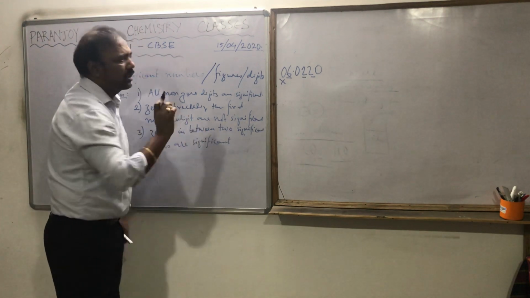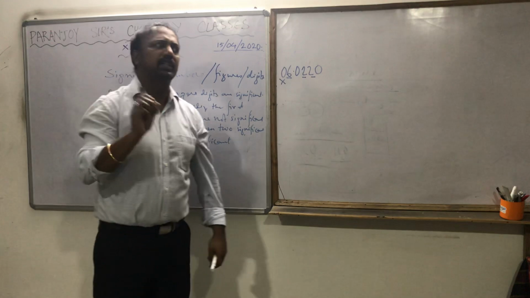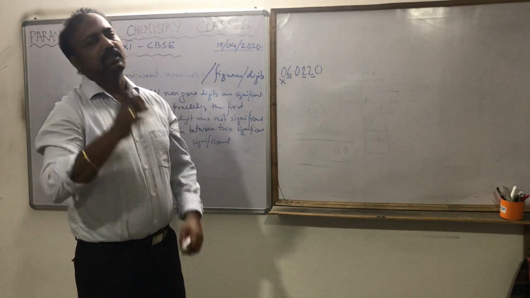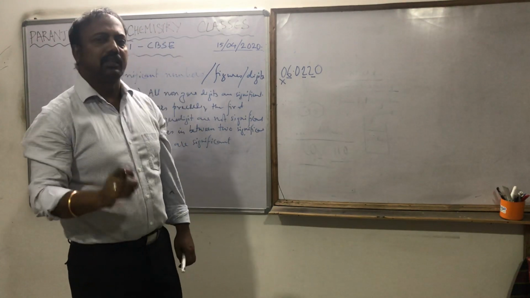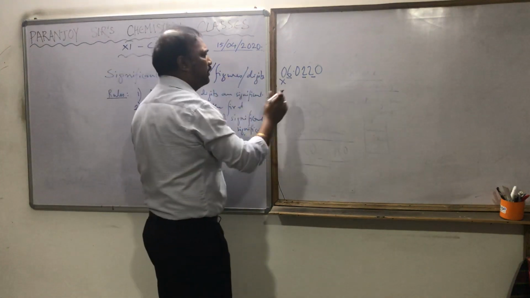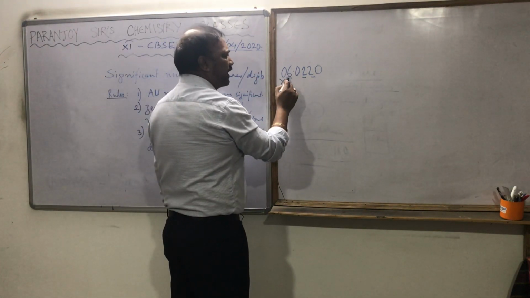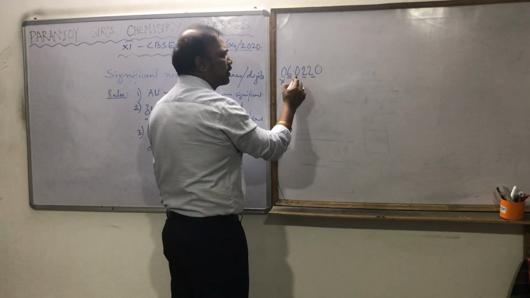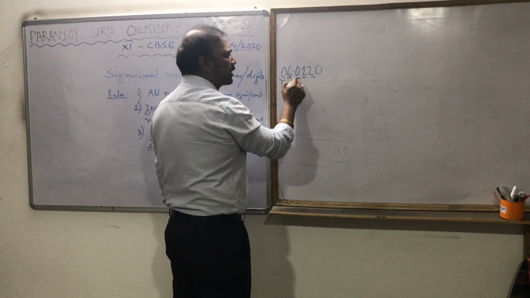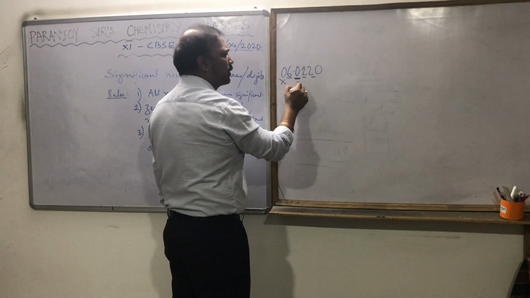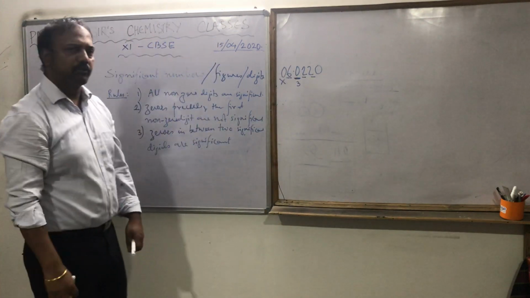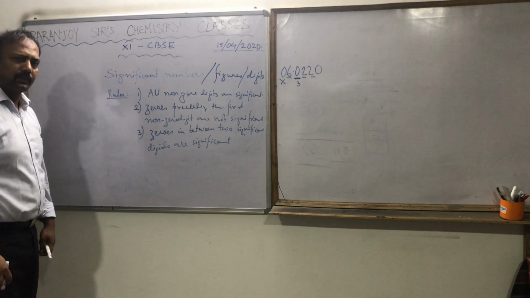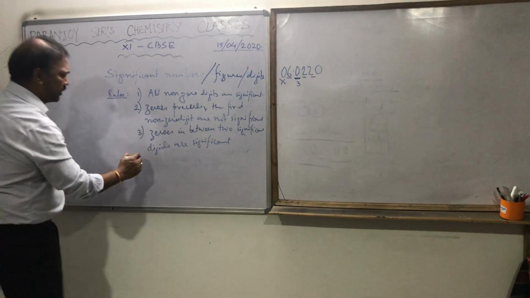So if 0 is present in between two significant digits, then those zeros are certainly significant. Here 6 is significant, 2 is significant, so the 0 placed in between them is also significant. This is told by rule number 3.